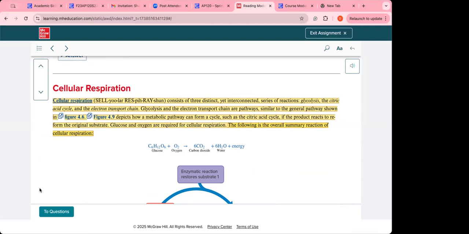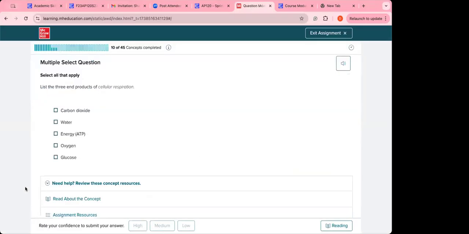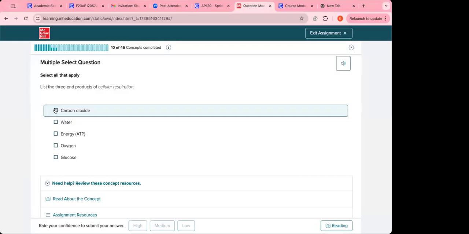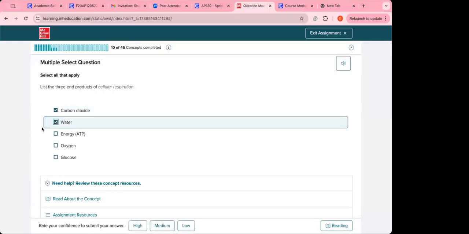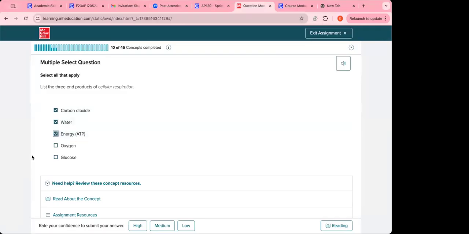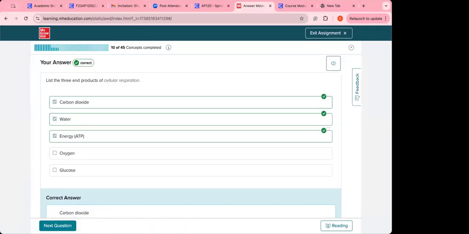Okay, carbon dioxide, water, and energy. I think it asks for the products, right? Let's look at it. So yeah, the three end products are carbon dioxide, water, and energy, based on the formula that we saw. Good job.